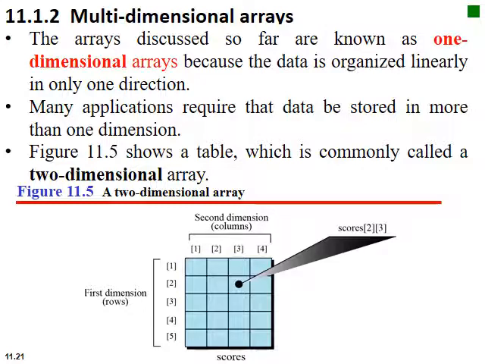Now we also get multi-dimensional arrays. In the previous example, the array we discussed was known as a one-dimensional array because the data in that array is organized linearly, in other words, in one direction. It is just a straight array of elements, starting from 1, ending at n.